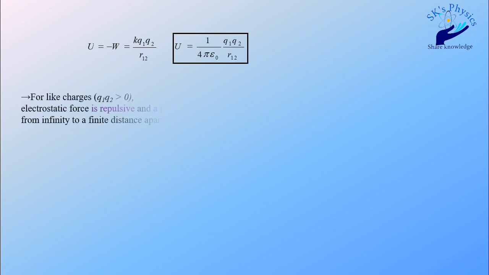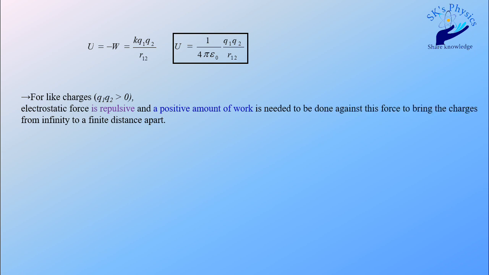We know that U is equal to minus of work done, is equal to K Q1 Q2 upon R12, is equal to 1 upon 4 pi epsilon 0 Q1 Q2 upon R12. For like charges, Q1 Q2 is greater than 0, the electrostatic force is repulsive and a positive amount of work needs to be done against the force to bring the charges from infinity to the final distance.